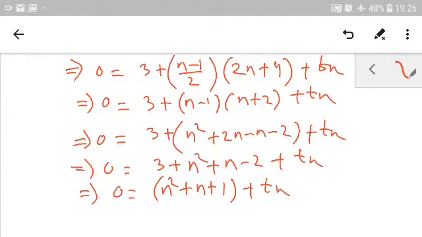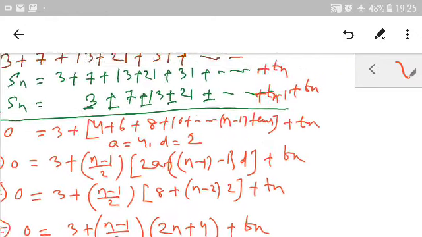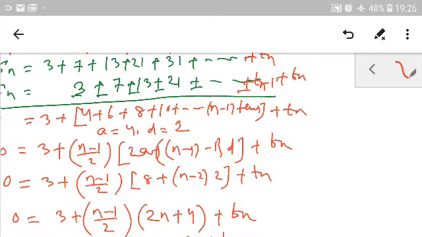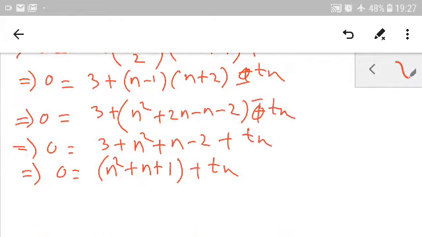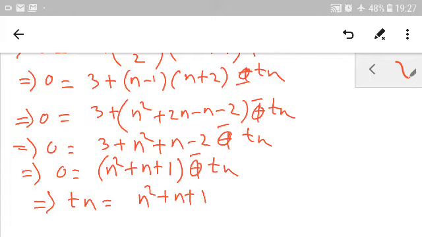Actually I have committed a mistake, students, in the beginning. It will not be plus, because every term is minus, so this term will be minus, this term will also become minus, and all the terms will become minus. If it is minus, then I can write Tn equal to n square plus n plus 1.